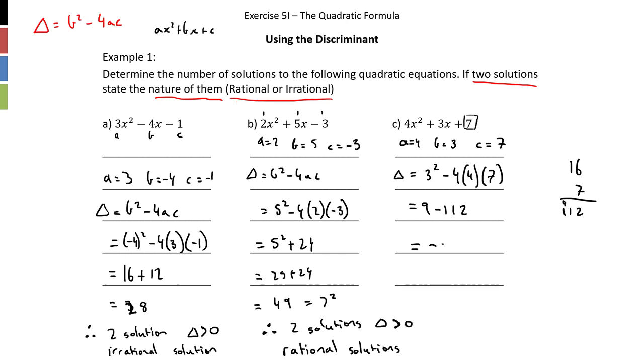Take 9 off that, it will be negative 103. Therefore, we have no solutions, because our discriminant is less than 0. It's negative, so we have no solutions. And since there are no solutions, we don't have to worry about them being irrational or rational because they don't exist.